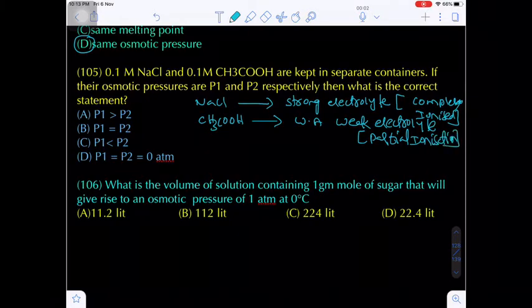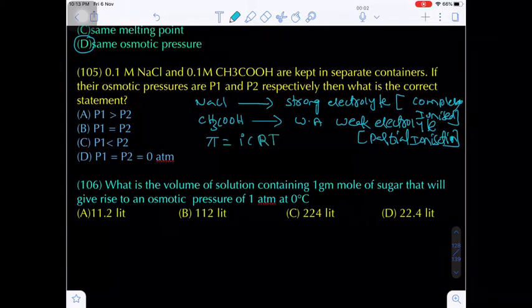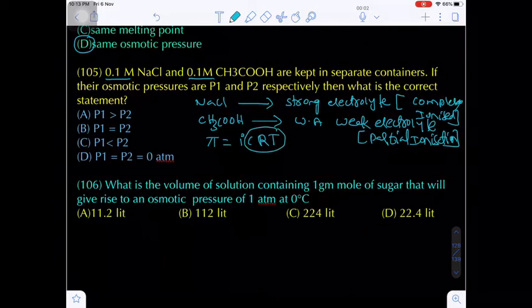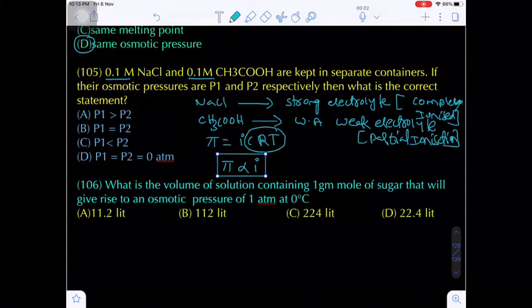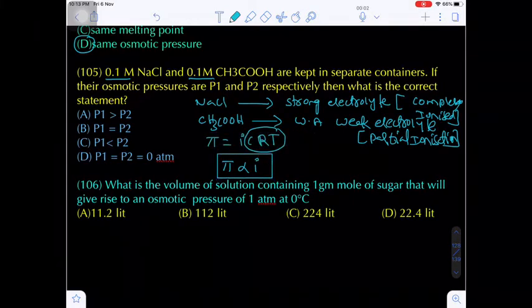Partial ionization. Now, here the osmotic pressure pi is equal to iCRT. Temperature is constant, R is constant, and both have the same concentration, 0.1 molar. That means CRT is constant, so osmotic pressure is directly related to iota, the Van 't Hoff factor. NaCl is a strong electrolyte, that's why it completely ionizes.